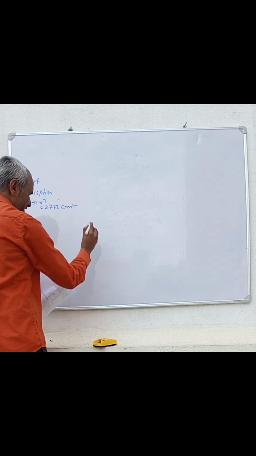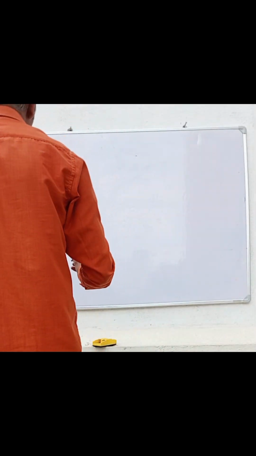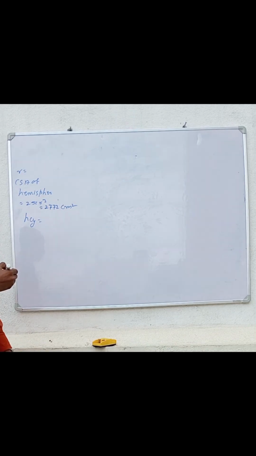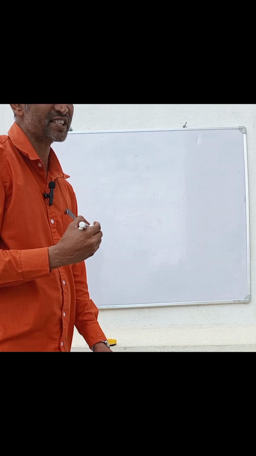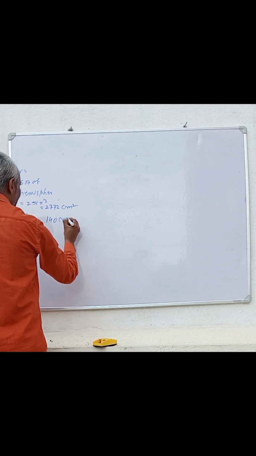After that, it says that the height of the cylinder is 140 centimeter. Height of the cylinder H CY, where CY means cylinder, C means cone, HS means hemisphere, S means sphere. So it is given as 140 centimeter.